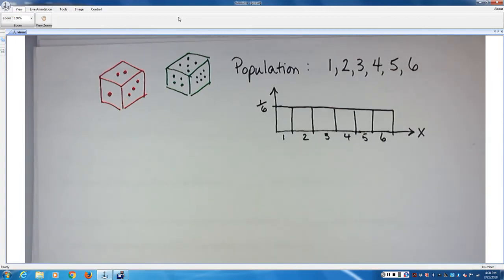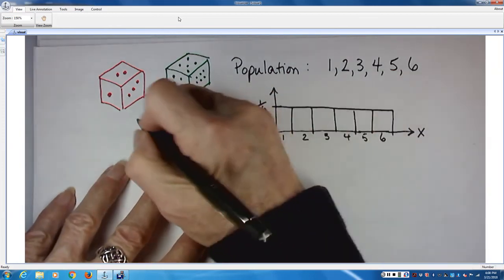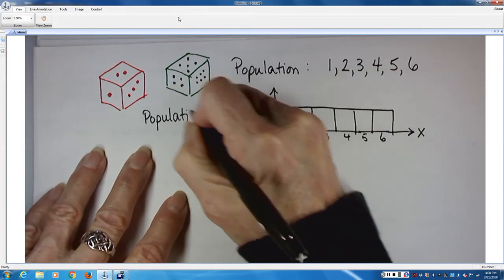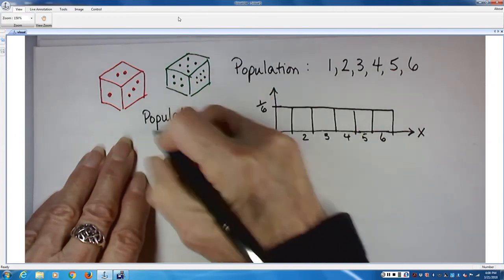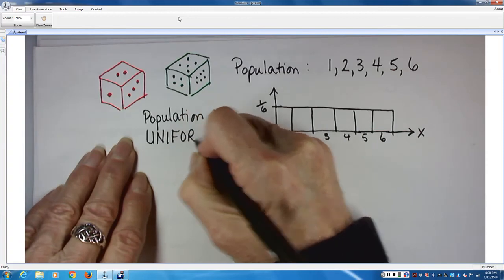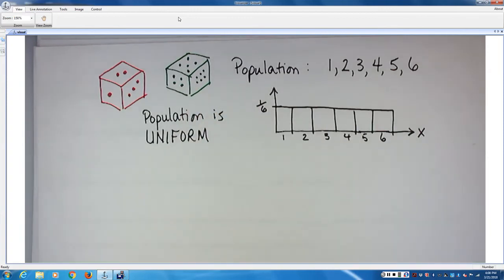That distribution I just drew is a uniform distribution. Okay, it's a uniform distribution.